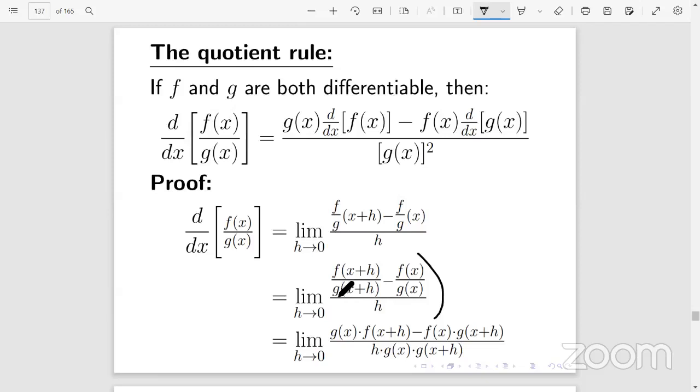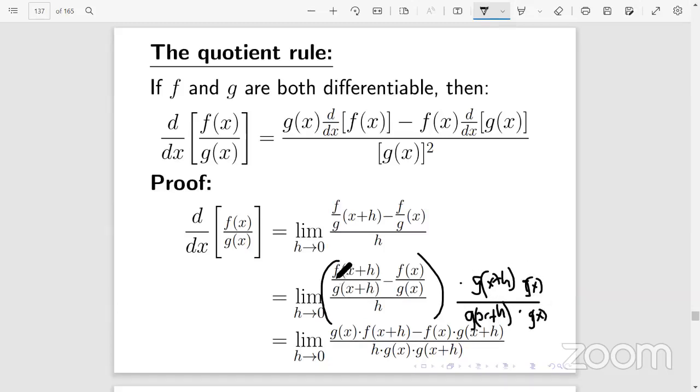If you're struggling with this, basically just multiply, because here in the denominator of the numerator we have g of x plus h, and here we have g of x. So you can multiply both the numerator and denominator by g of x plus h times g of x.